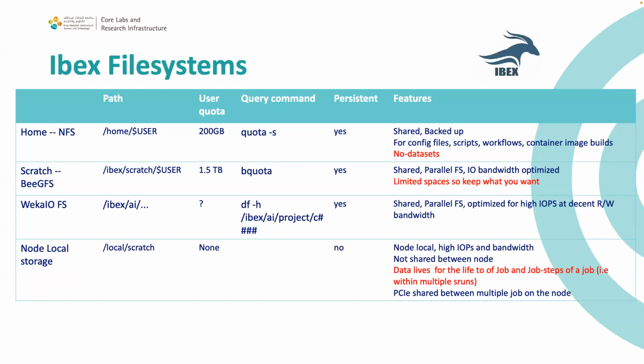Now, just like Shaheen, Ibex also has file systems. You have home that is actually shared with Shaheen, but don't get me wrong, there are two different things. If you log into Shaheen, it's not the same as logging into Ibex. Now, the thing with home is the same. You have a very small amount of storage there.